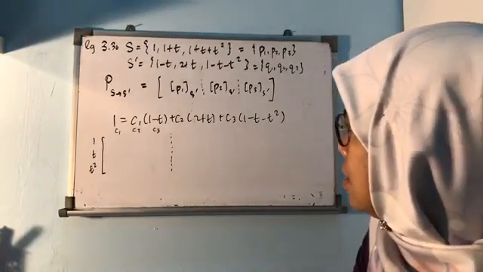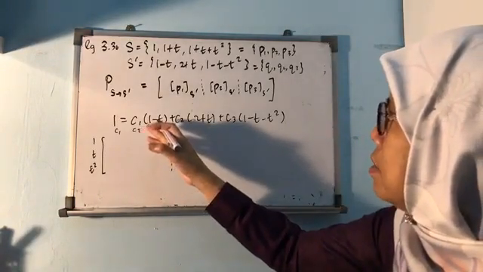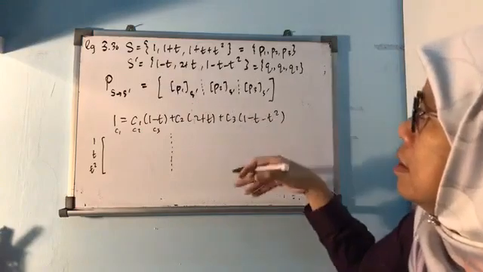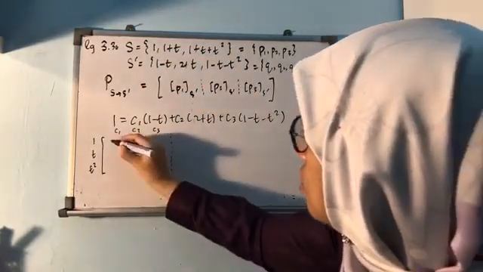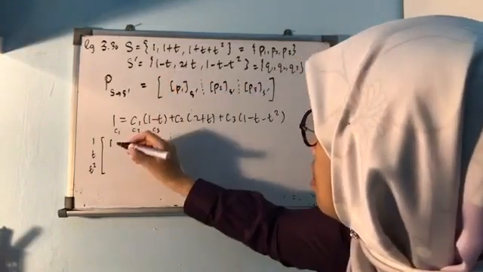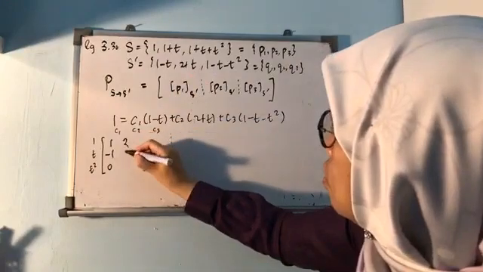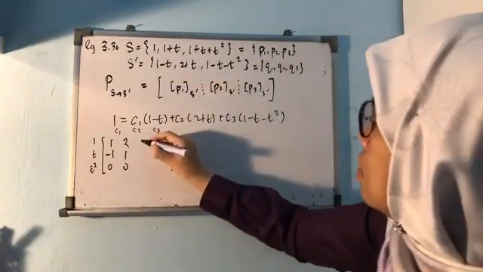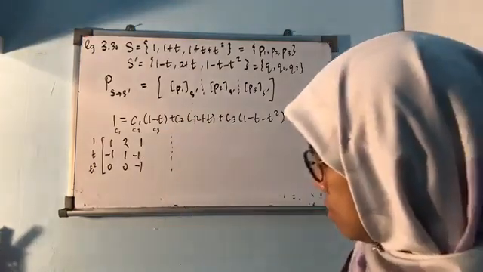So in this case we had to put S first, right? You have to put S prime first, sorry, S prime first. So 1, negative 1, 0, 2, 1, 0, 1, negative 1, negative 1.